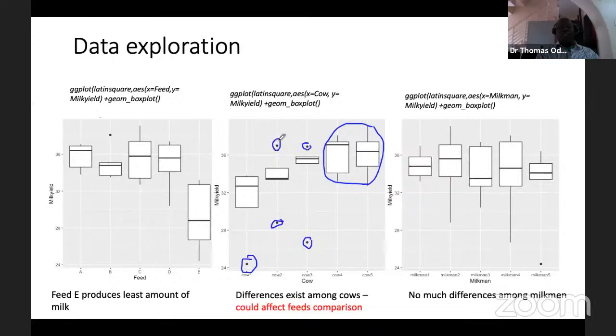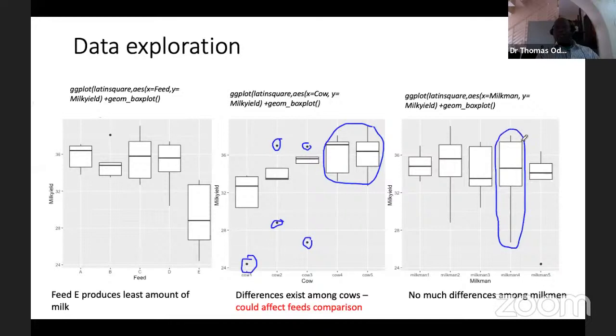So you're probably asking yourself already, what could be the cause of the outlier? Could the cause of the outlier be the milkman? So when we look at the different milkmen, here you can see milkman number 4 seems to have a lot of variability in the milk whenever they do the milking.